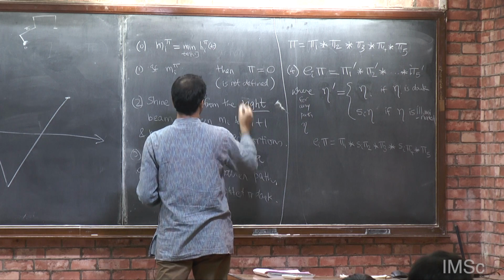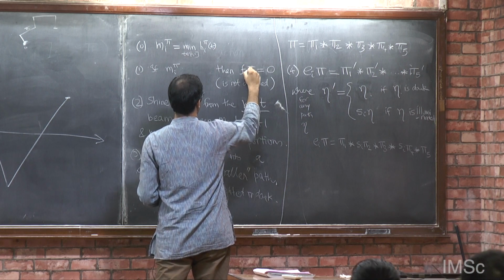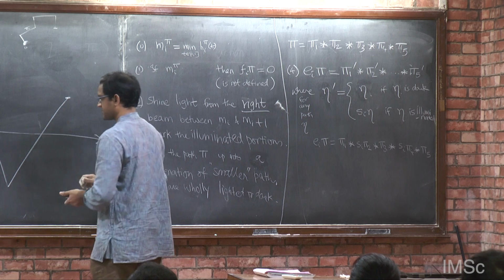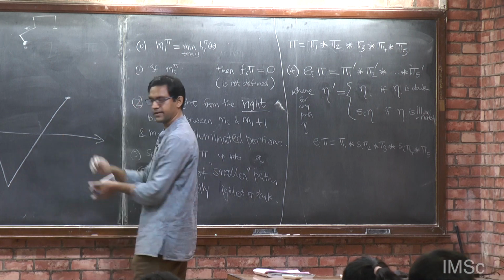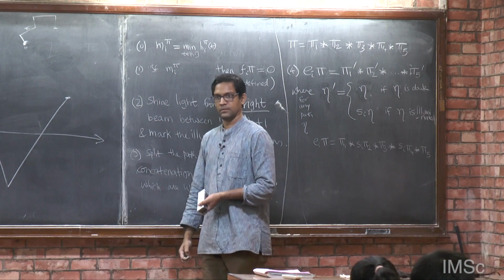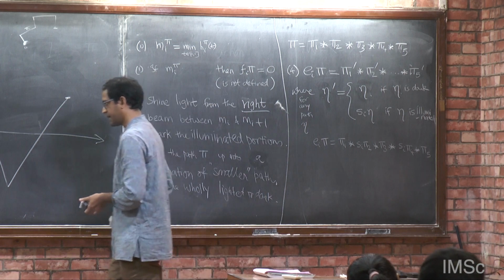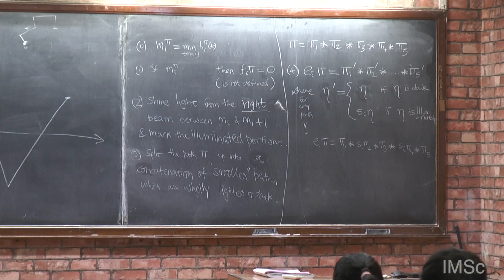How do you define Fi? Fi pi is 0 if something happens. Now the idea is you have to shine light from the right rather than from the left.